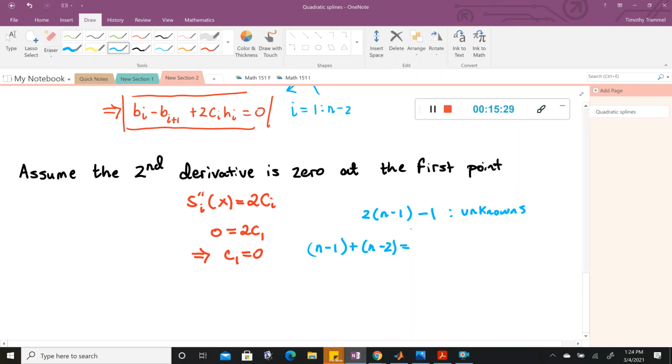These are both the same number here. They're the same number of equations as we have unknowns now. So we're going to be able to solve this system for all the a sub i's, b sub i's, and c sub i's. And what we'll do is we'll see how we can do all this tomorrow in MATLAB.